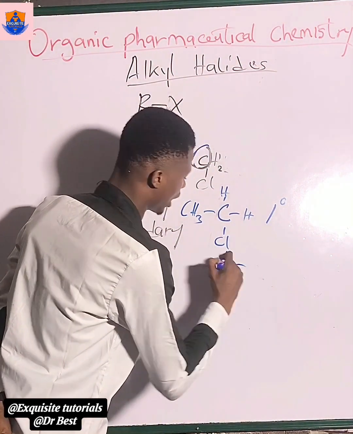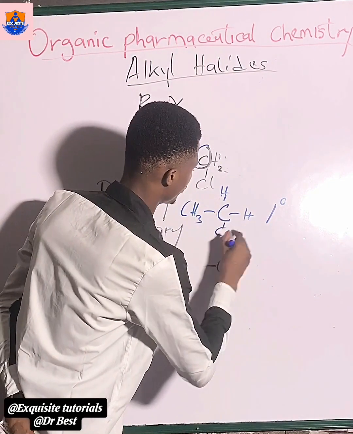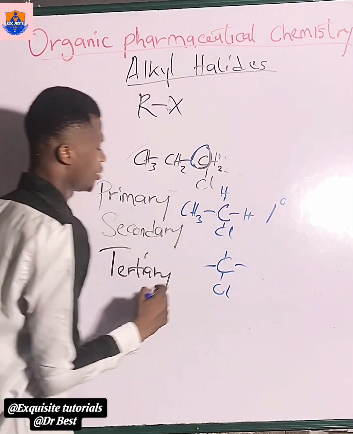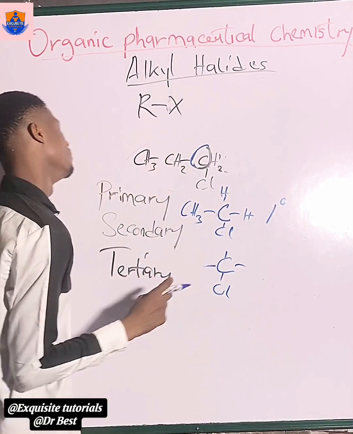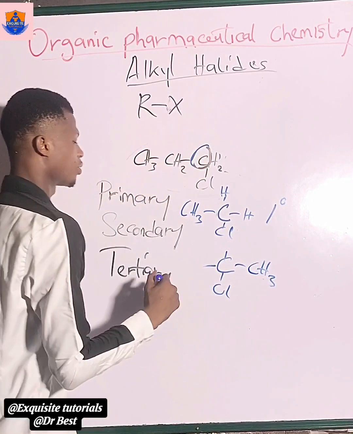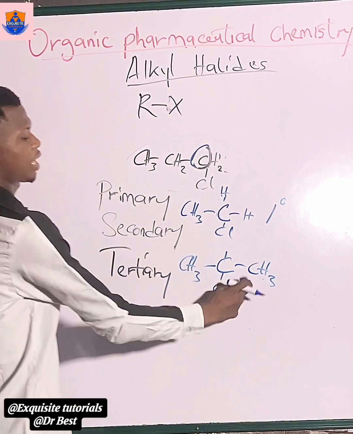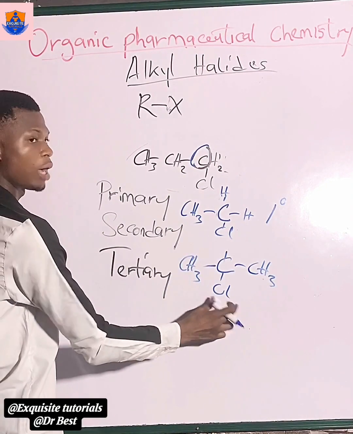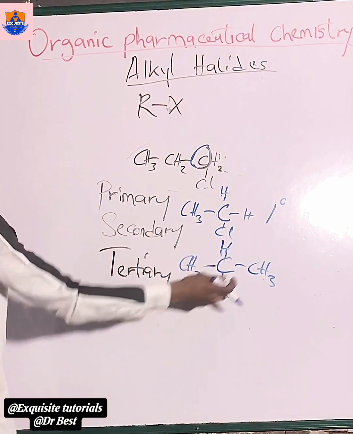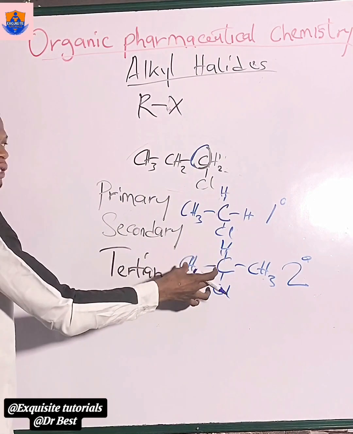The particular carbon atom that the halogen is bonded to, let's use chlorine for example as well. Let's say we have another CH3 here, a methyl group here, and a methyl group here. It means that this carbon atom is bonded to two other groups outside the halogen. So you are going to have just this one hydrogen attached to that carbon. So this particular alkyl halide is said to be a secondary alkyl halide.